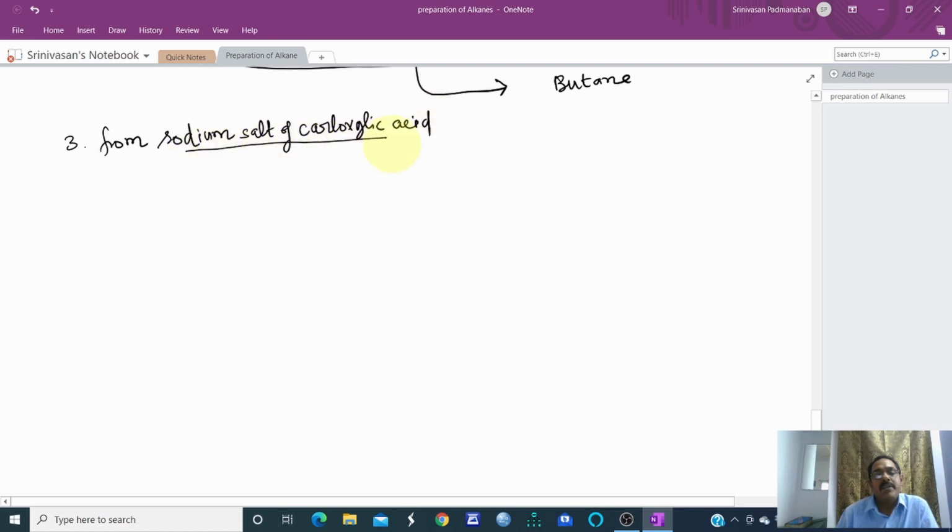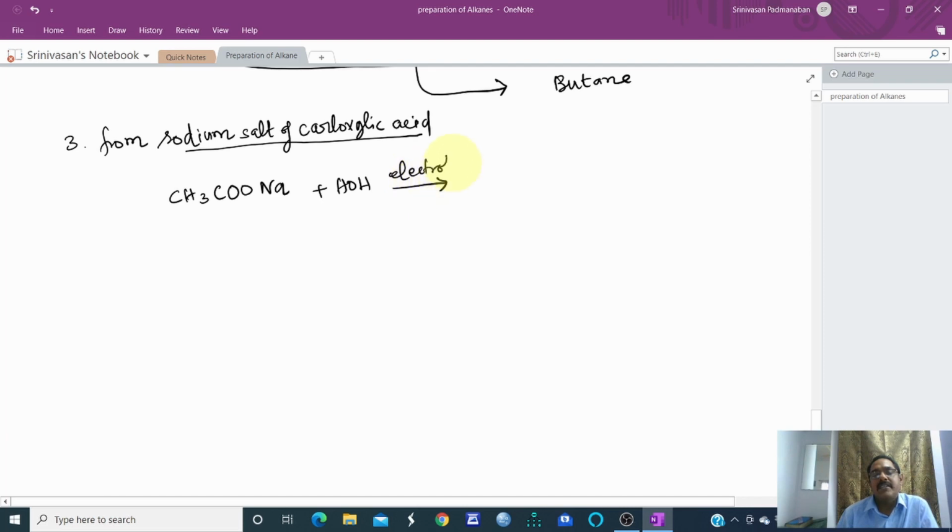From this we are preparing alkanes. Okay, so let me take it. CH3COONa. So this in the presence of water, just electrolysis.